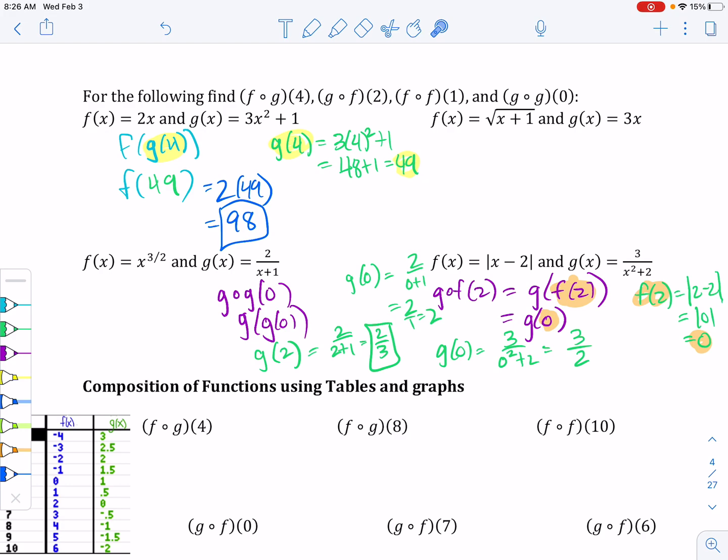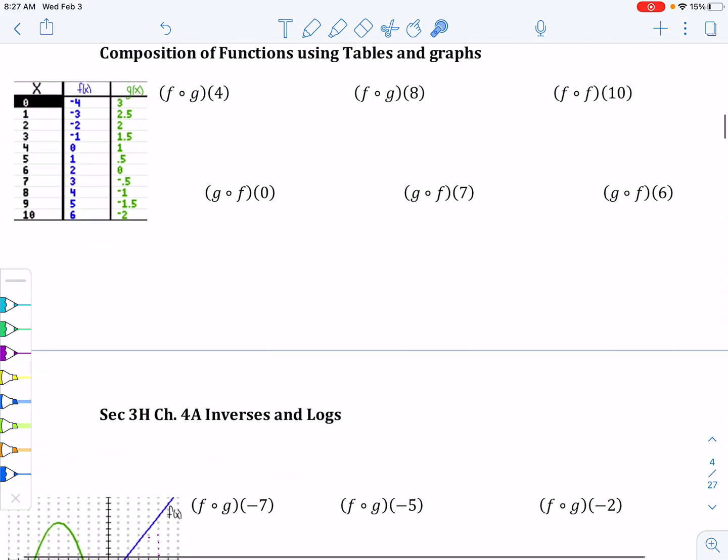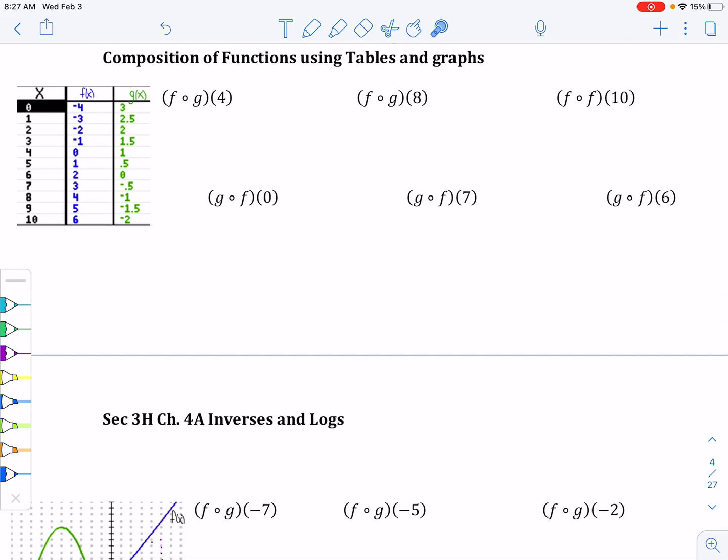Now, we can do the same thing with different representations. Instead of having it from equations, we can have it from a table. But our pattern of how we're doing things is exactly the same. Instead of plugging into the equation, we're going to use the table to find our x and y values. So if we look here, and we're doing f of g of 4, I'm going to go to g of 4.